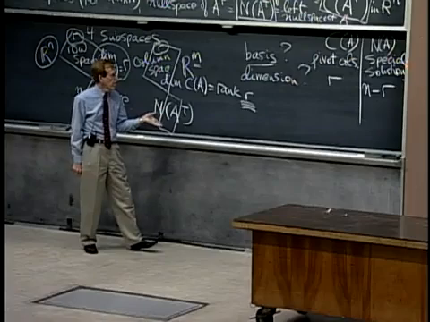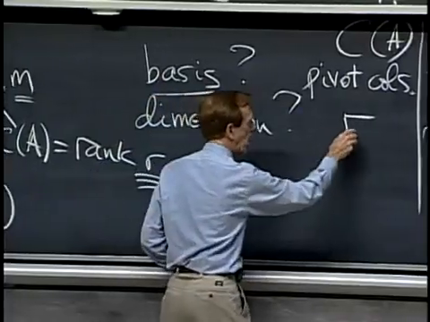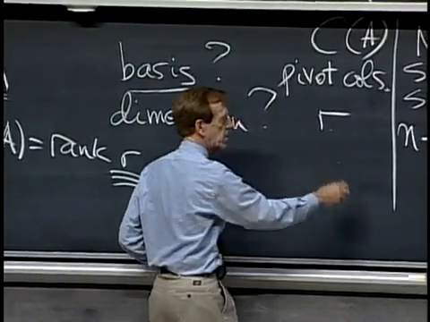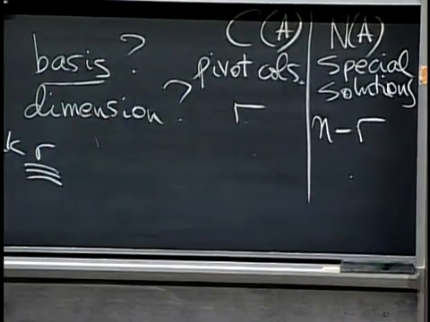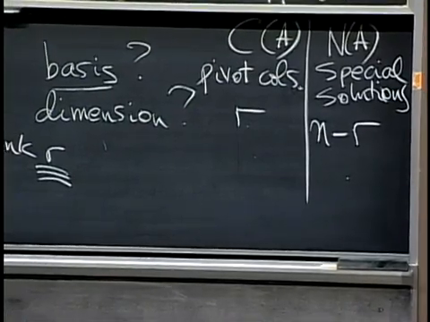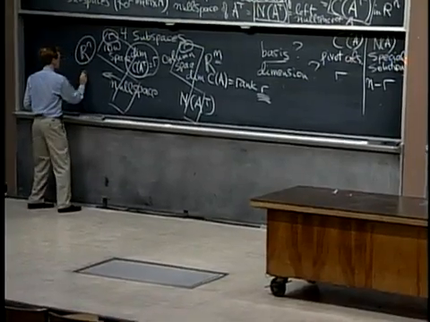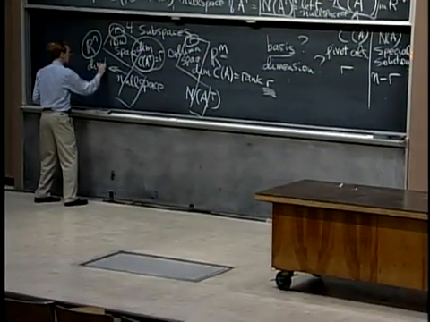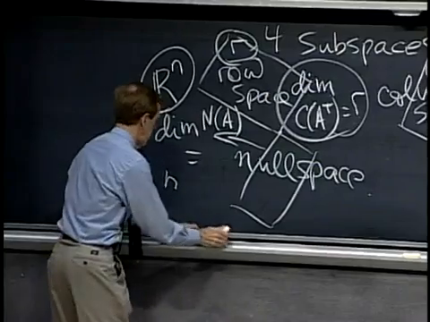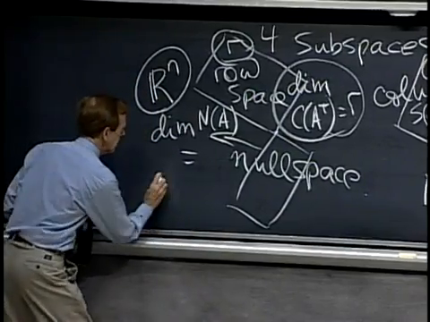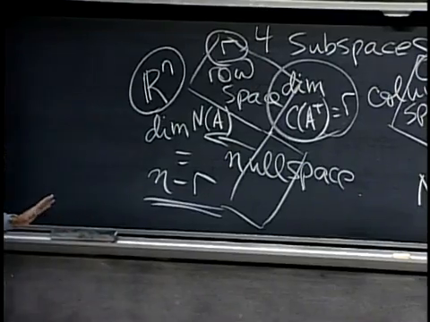If r is the number of pivot variables, then n minus r is the number of free variables. So the beauty is that those special solutions do form a basis and tell us immediately that the dimension of the null space is n minus r. I'd better write this well because it's so nice. Do you see the nice thing?